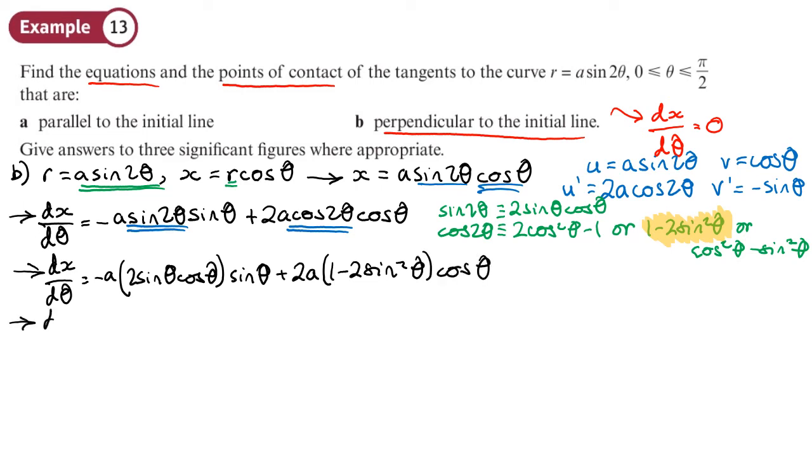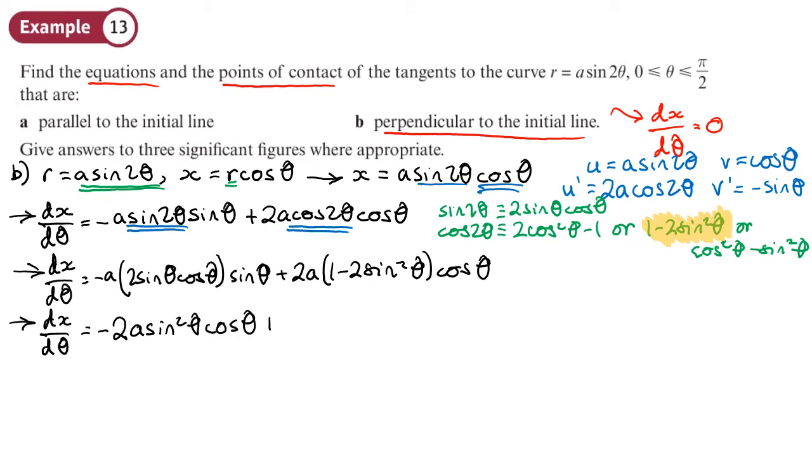That can be multiplied out, and that will give me, if I multiply everything by negative a sine theta, negative 2a sine squared theta cos theta. So there's the sine squared cos.